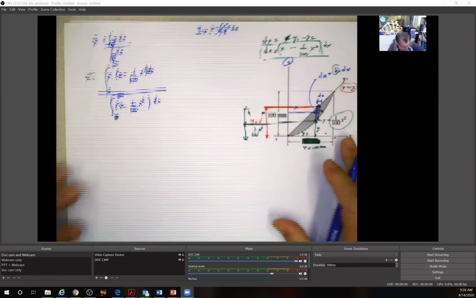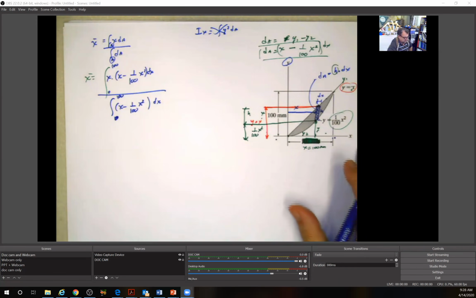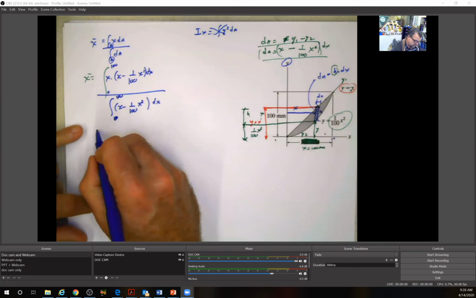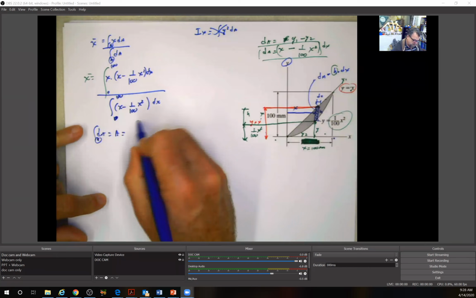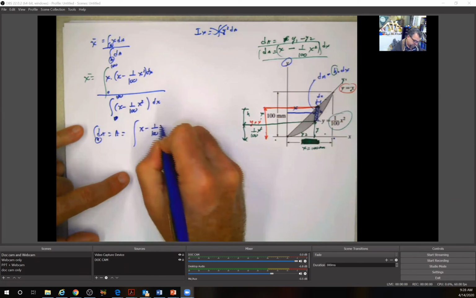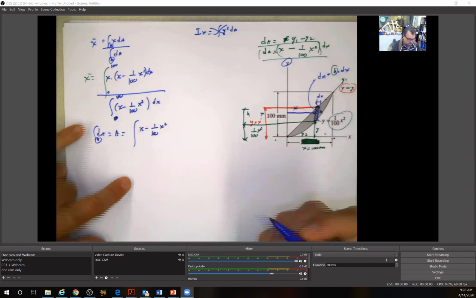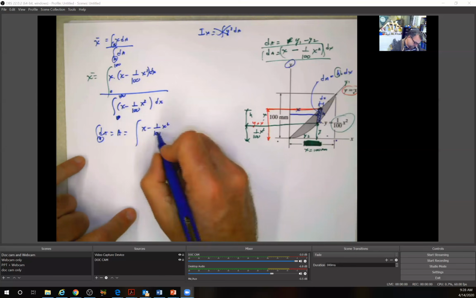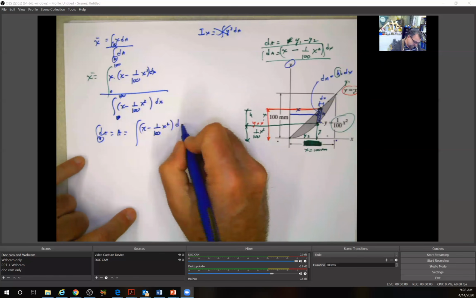You can do it by parts, you can do it together, whatever way you want. If you want, you can solve this first. So the integral of the differential of area is going to be area. It's going to be the integral of this dA, dx.